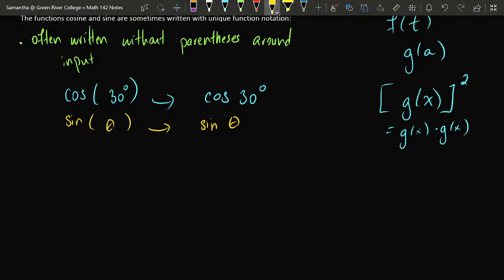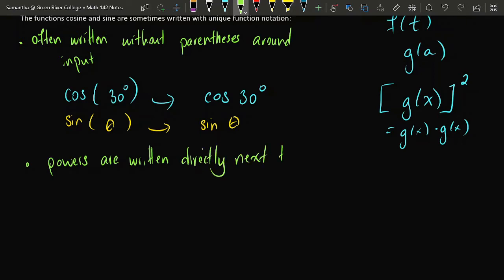The second thing that's kind of funky about sine and cosine, and a special privilege that they enjoy that other functions don't, is that the powers are written directly next to the name of the function, cos and sine.